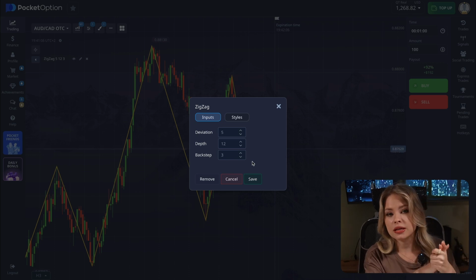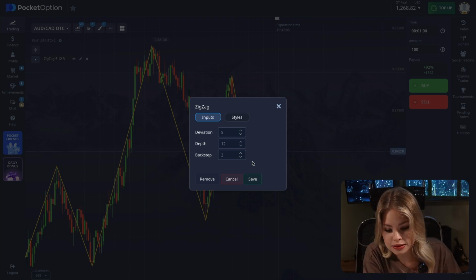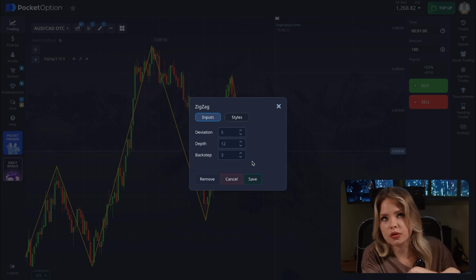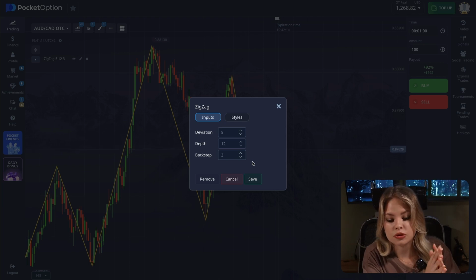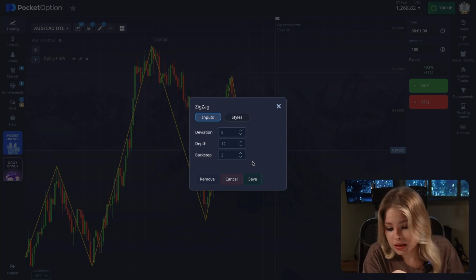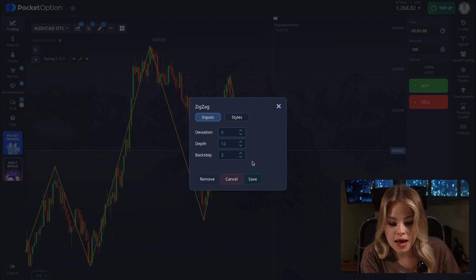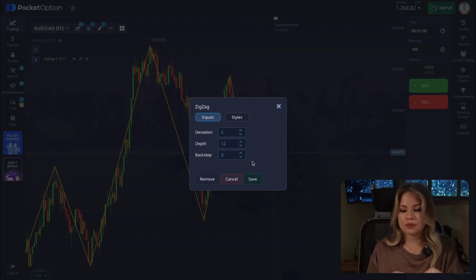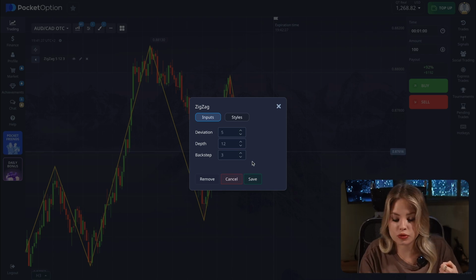If the market is high volatility, due to news events, or if you trade, for example, different meme coins, then deviation should be around 10, depth around 15, and backstep from 3 to 5, quite close to the long-term trading.